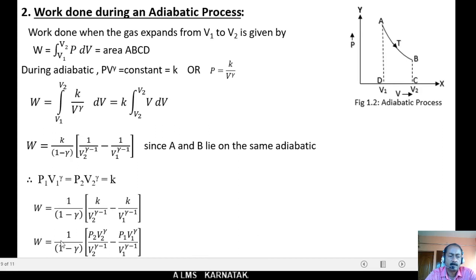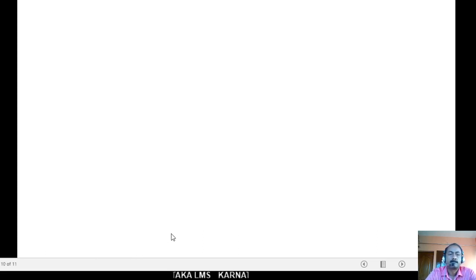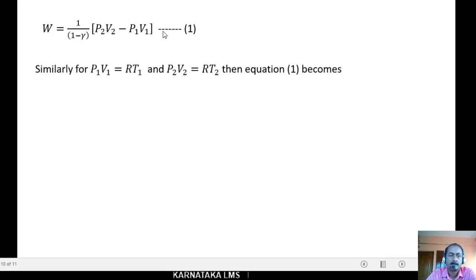That means W equals 1 upon 1 minus gamma into P2 V2 to the power gamma divided by V2 to the power gamma minus 1, minus P1 V1 to the power gamma divided by V1 to the power gamma minus 1. On further simplification, we get the work done W equals 1 upon 1 minus gamma into P2 V2 minus P1 V1. It will be equation 1.